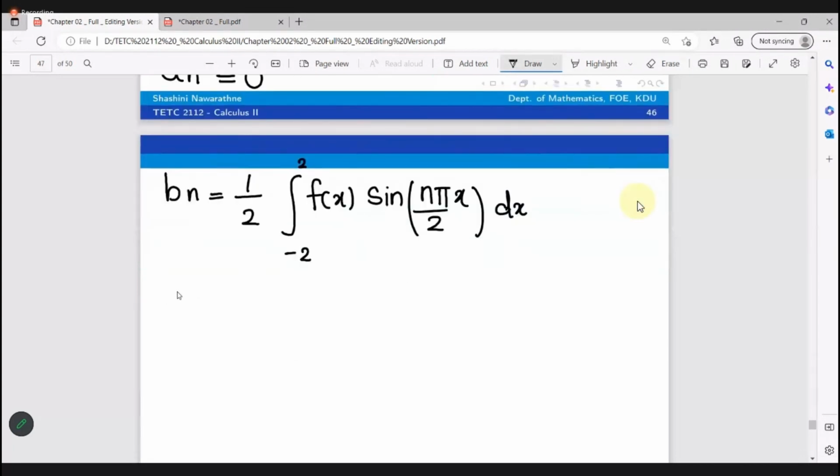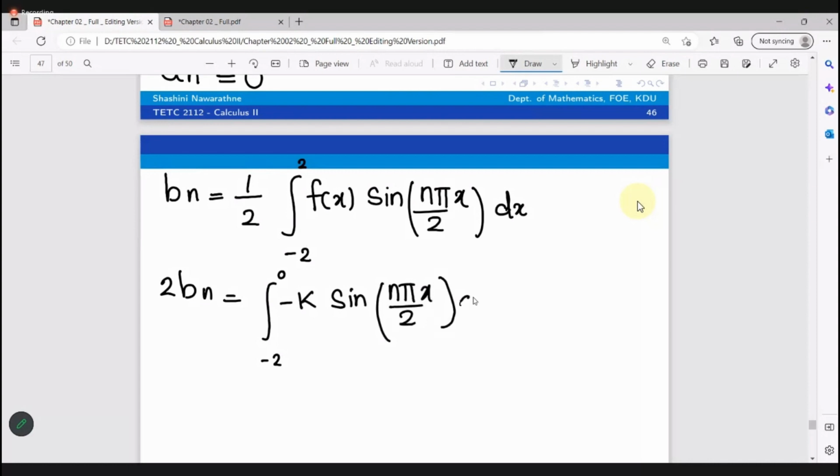So we can write 2 times Bn is equals to from minus 2 to 0 minus k sine n phi x over 2. You understood how this came, right? We don't need to write that again, step by step. And from 0 to 2 k sine n phi x over 2 dx.